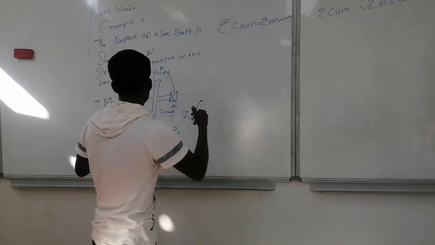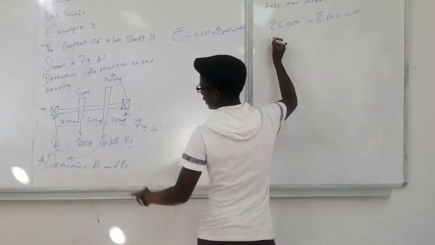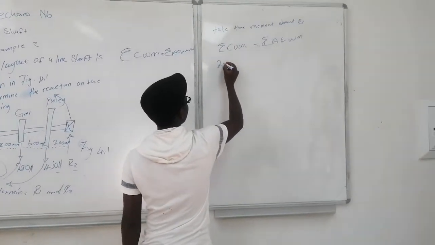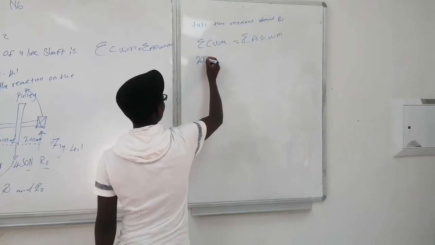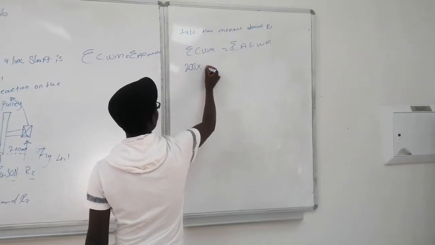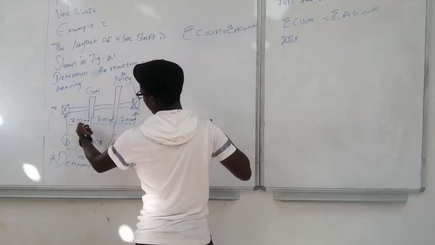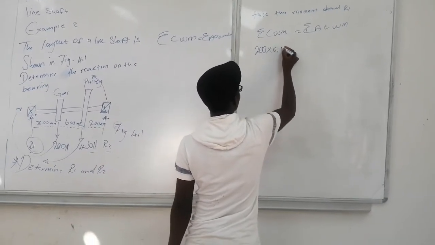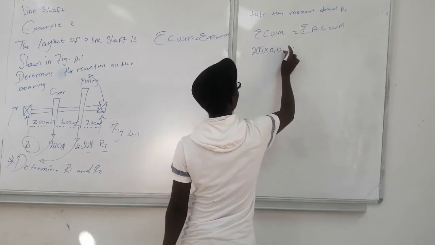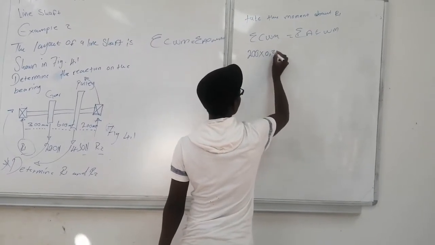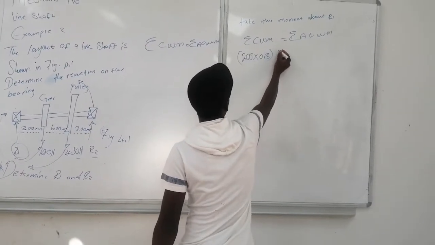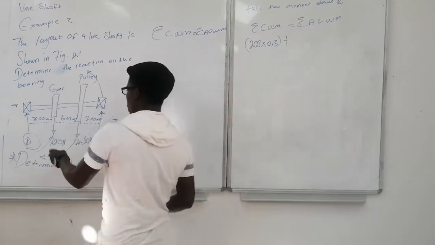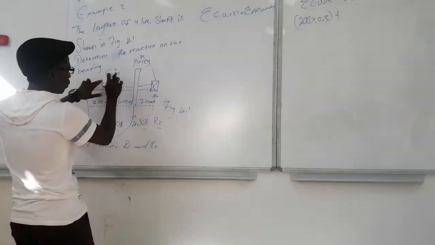Therefore, our first is 200 multiplied by, here we are going to calculate not in millimeters but in meters, 0.3. We say plus because we are done with this one. We are done with here.